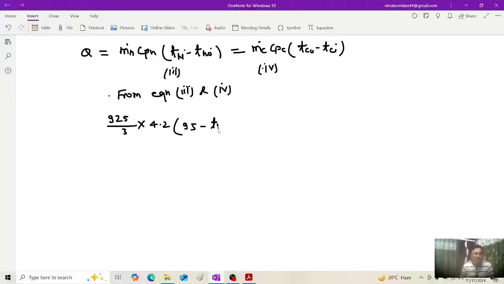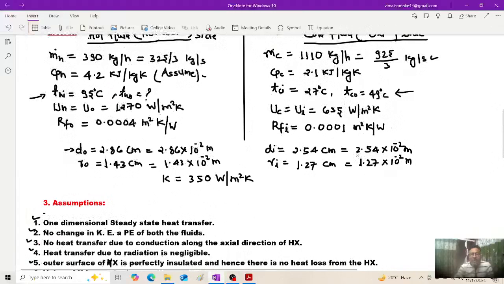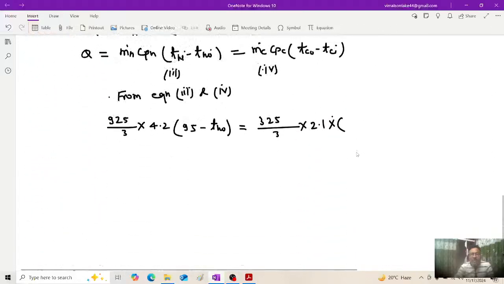THO is to be calculated. Similarly, m dot C is 325 by 3, CPC is 2.1, TCO is 49 and TCI is 27.